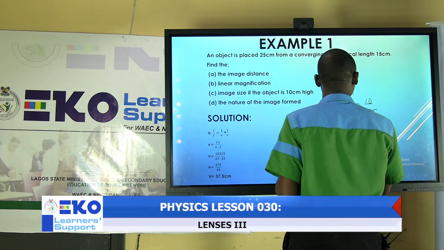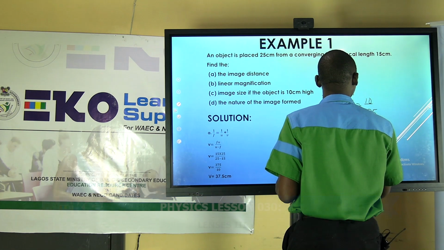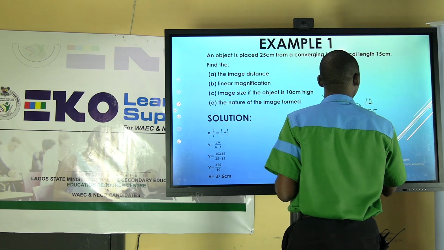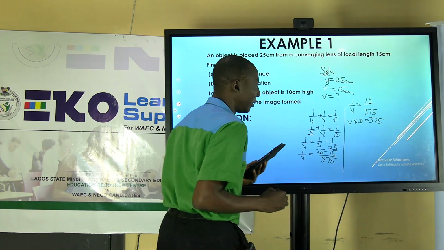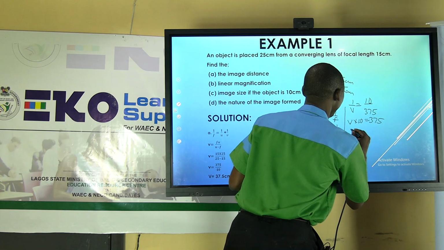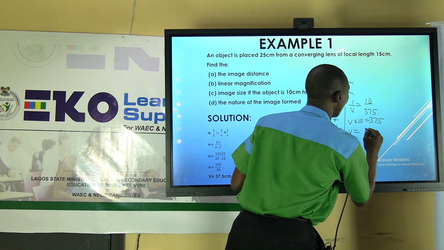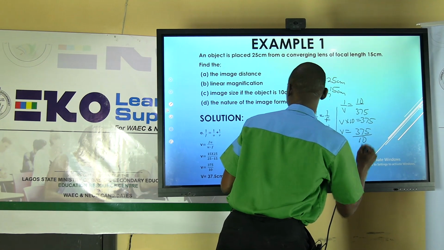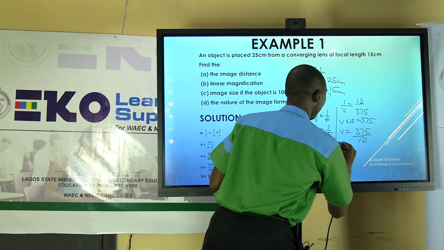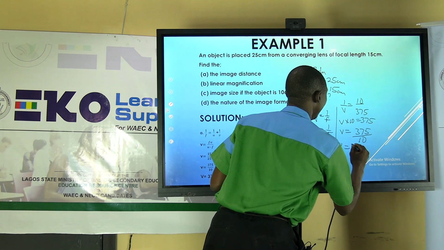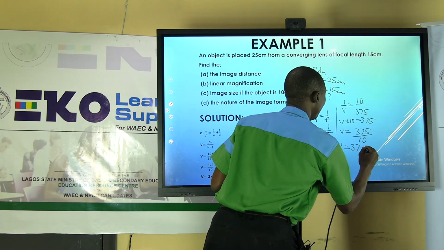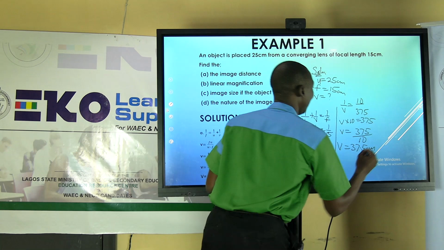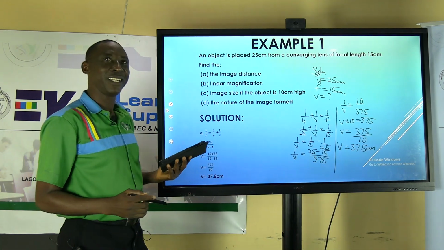So v times 10 equals 375. That means v will now be 375 divided by 10. So our v will be 37.5 centimeters.